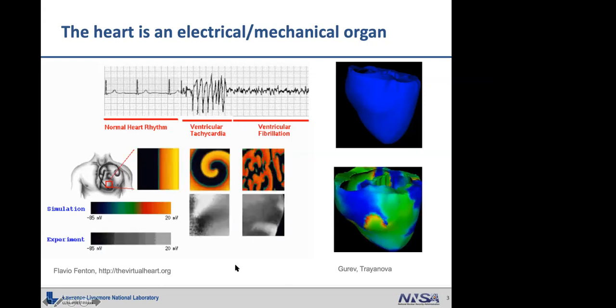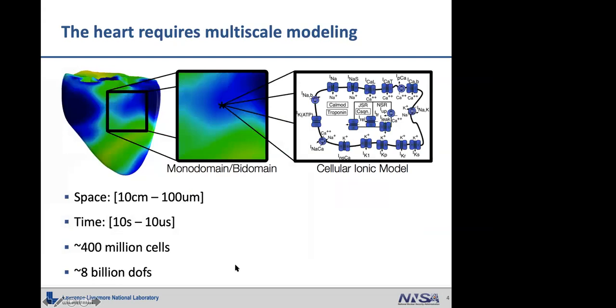Okay, so the heart requires multi-scale modeling in order to work. We're interested in simulating hearts, which can range anywhere from 10 centimeters down to having to simulate at 100 micrometers. The heart is roughly about the size of your fist, sitting in the center of your chest.